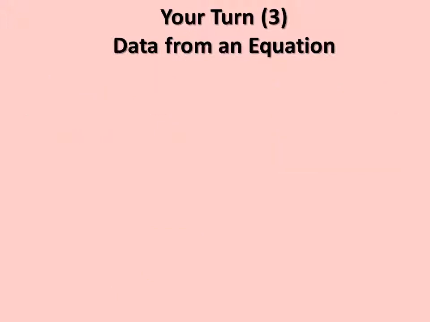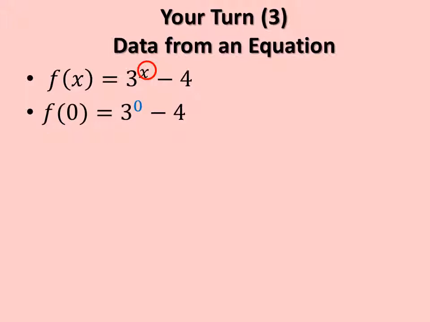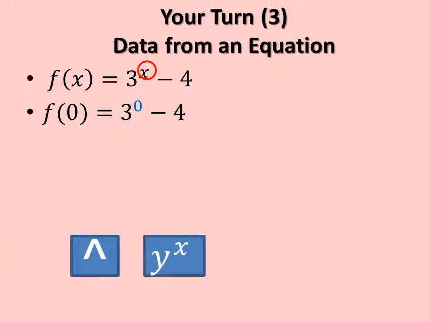Your turn number 3. All right, we're still using that same exponential equation. All right, look at your paper. What value did I plug in for x this time? 0. Okay, we're still going to do the same thing we did before. We're going to look at our calculator and find which button we're going to use. We're going to go 3, hit the button, 0.